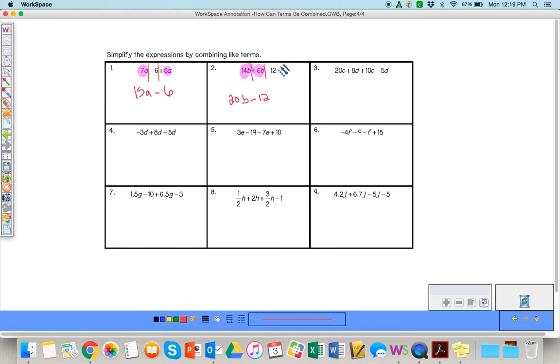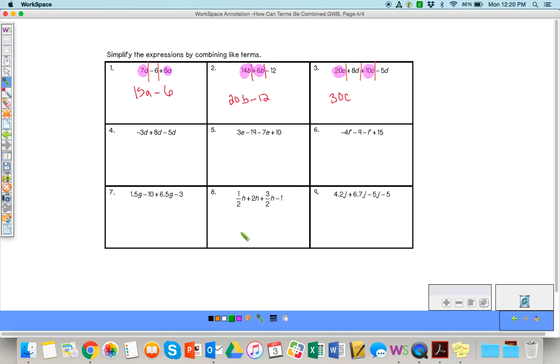Okay, so again, we're going to add our little fence posts here. We're going to put one in front of this plus sign, in front of this plus sign, and in front of this plus sign. Okay, so my like terms, 20c and 10c, those are like terms. Okay, so 20c plus 10c combines to make 30c.